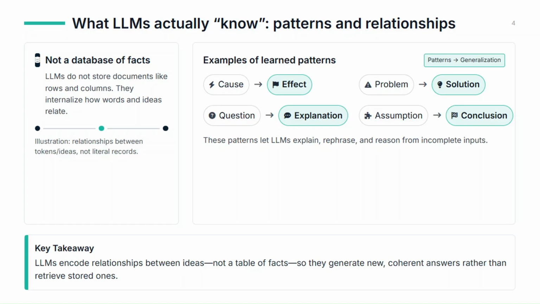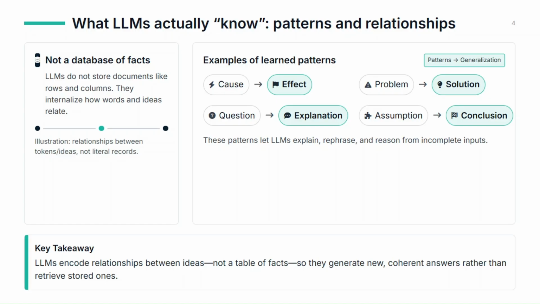One of the biggest misconceptions is that LLMs are databases of facts. They are not. LLMs do not store documents like rows and columns. What they learn are relationships between ideas. For example, causes often lead to effects. Problems usually require solutions.